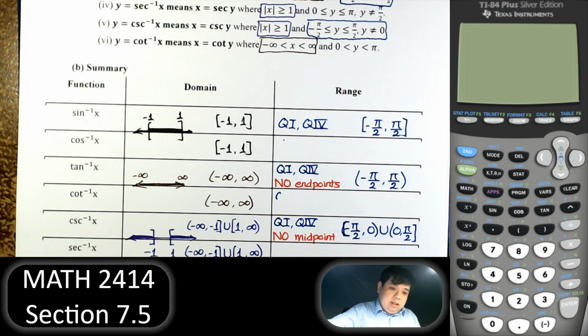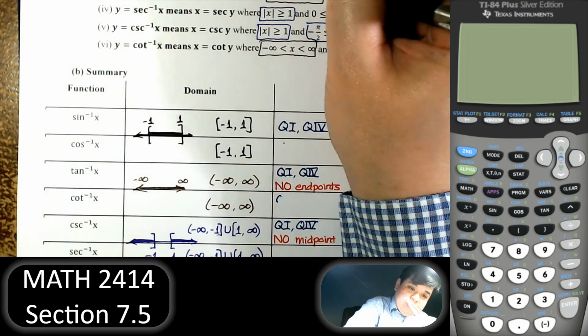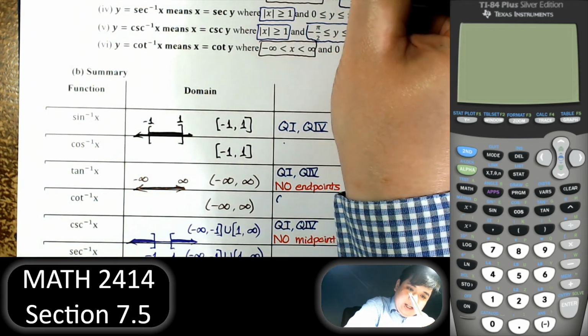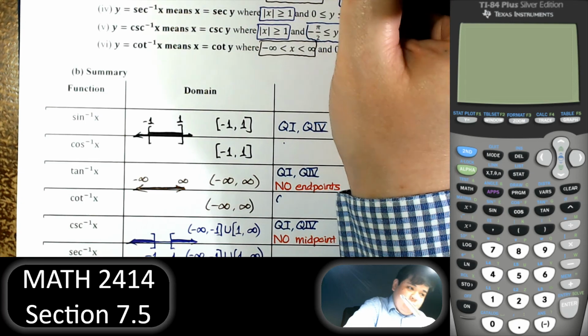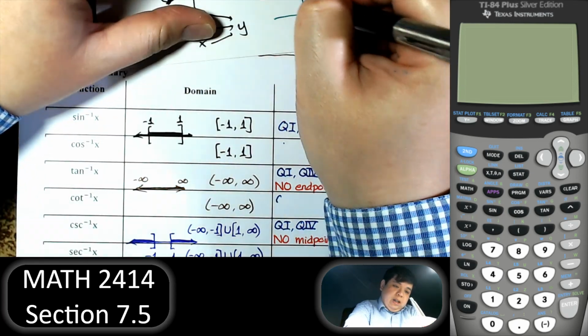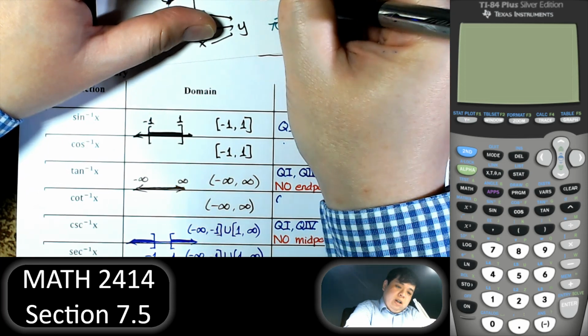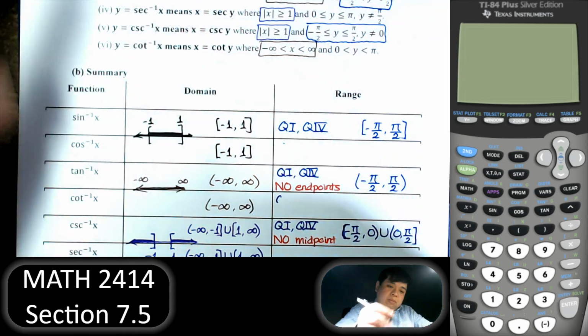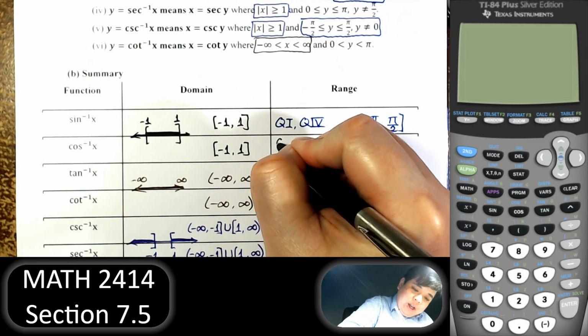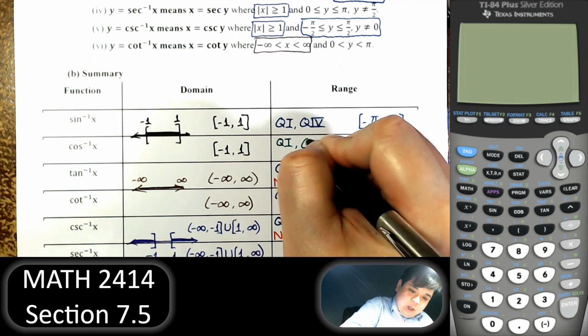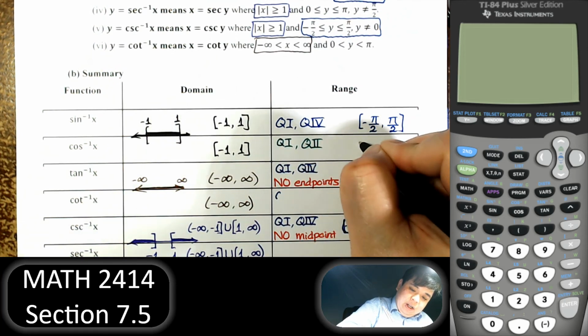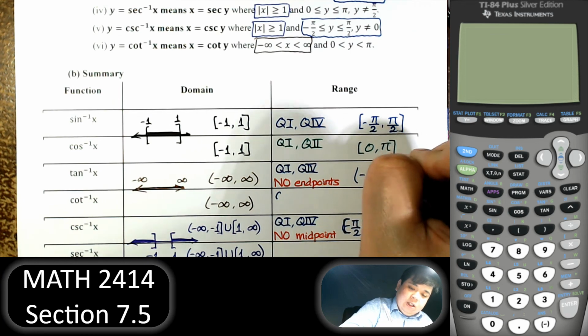Now, let's talk about the order 0 to pi. So this will be, of course, 0 to pi. So we're talking about quadrant 1 and quadrant 2. So for cosine inverse, we have quadrant 1 and quadrant 2, meaning from 0 to pi.